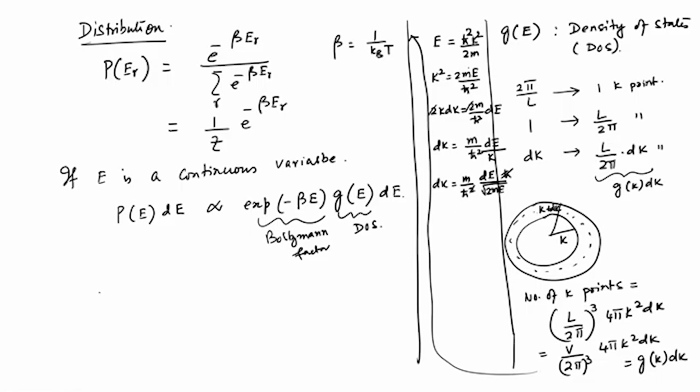So, we can write G(E) dE for this 3-dimensional non-relativistic dispersion as V over 2 pi whole cube, 4 pi, k square which is 2 m E by h cross square, and then m over h cross and 1 over root over 2 m E, and there is a dE there as well.